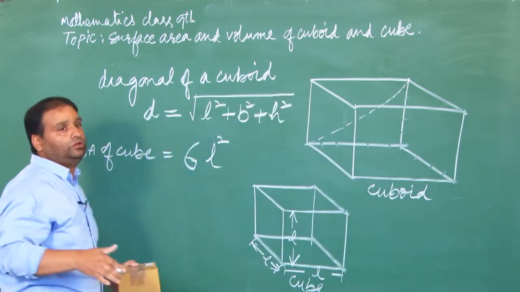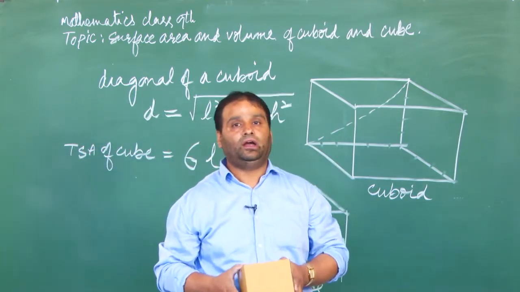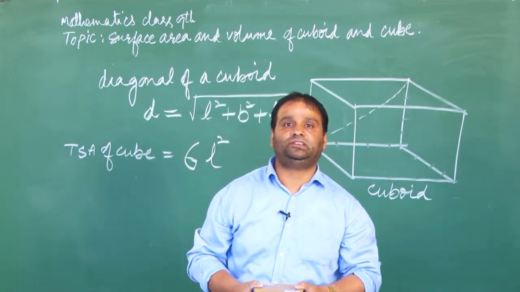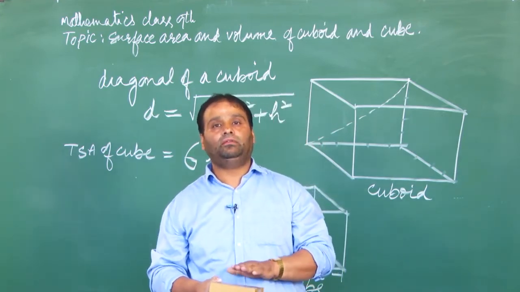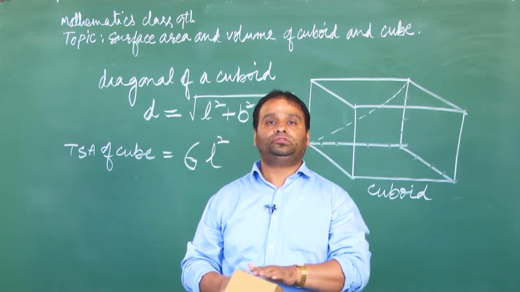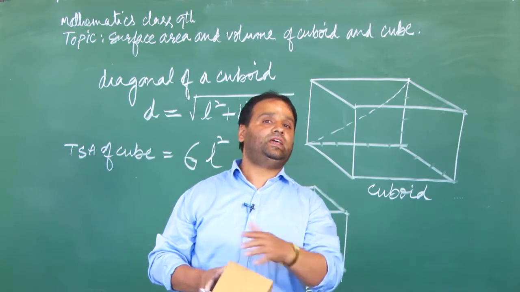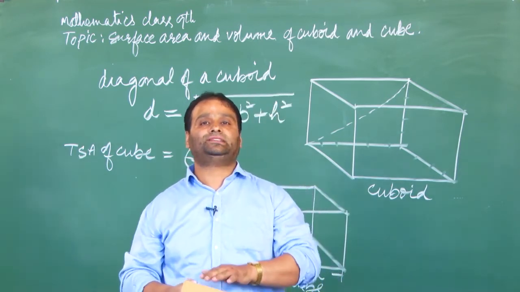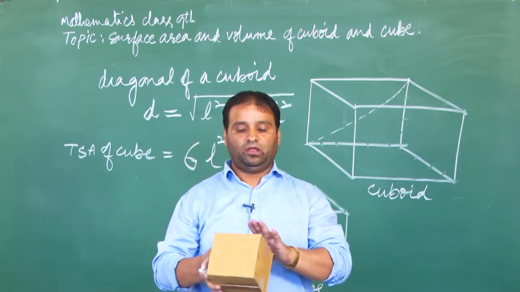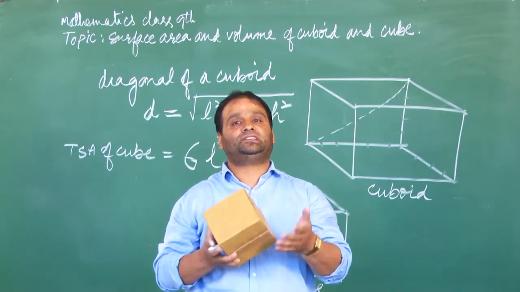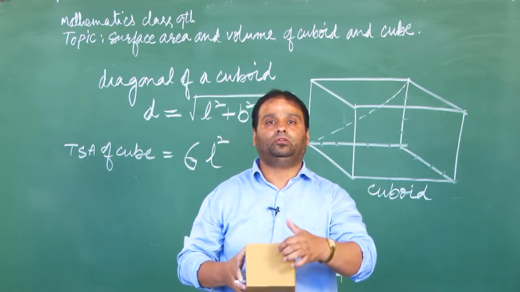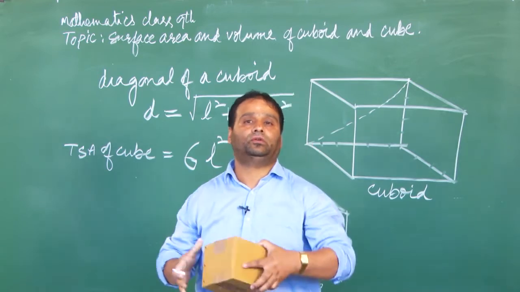Come to the lateral surface area of the cuboid. Again, for the lateral surface area of the cuboid, we have to subtract the areas of two surfaces. Any face of a cuboid or cube can be the base. Now, if you subtract two surfaces from the total surface area, you will get the lateral surface area of the cube.